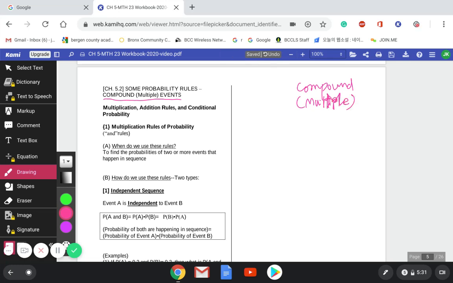Since two things are happening next to each other, what are we going to do with that? Sometimes we have to multiply, and sometimes we have to add these two events.